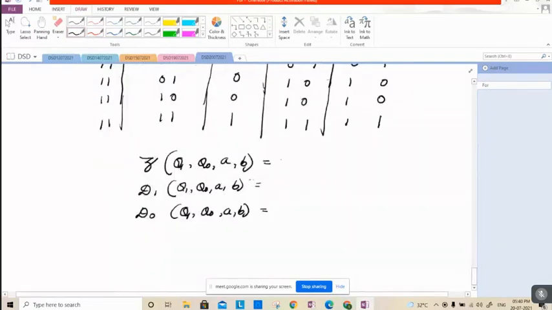Sigma M of the minterms: Z is 1, 2, 5, 6, 8, 11, 12, 15.